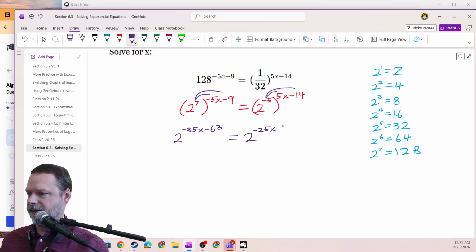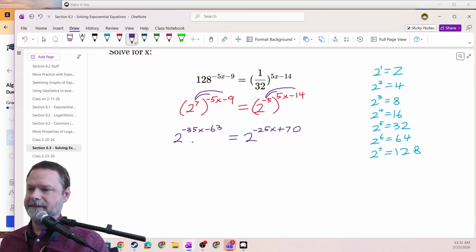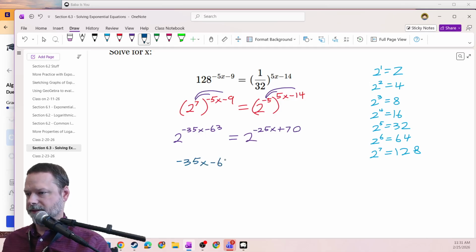Negative 5 times negative 14 is positive: 50 plus 20, 70. Okay. And now I have the same base. Once my bases are the same, we can drop them and set those exponents equal to each other. We get negative 35x minus 63 equals negative 25x plus 70.